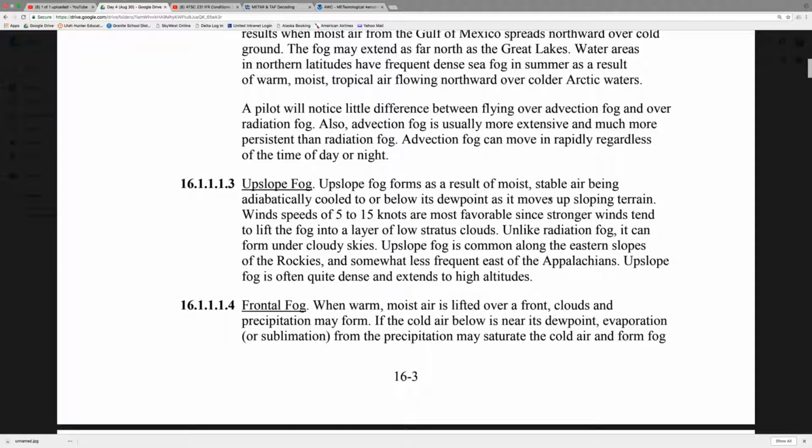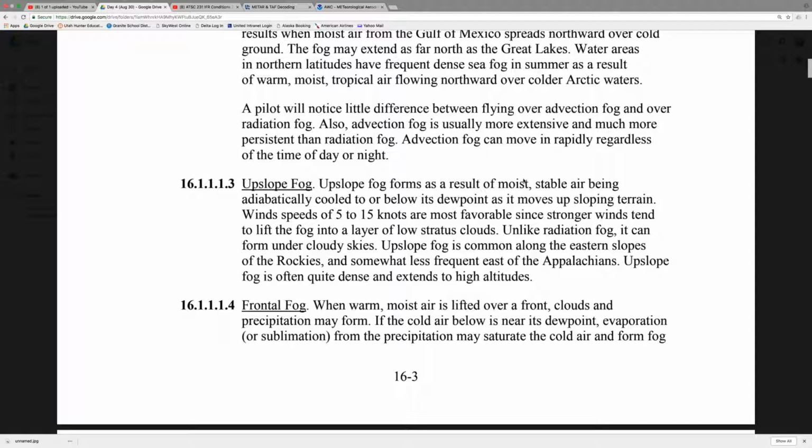Upslope fog, this is what we get a lot of in Utah. Colorado, the Rockies get a whole lot of upslope fog. So it's just moist, stable air being adiabatically cooled.